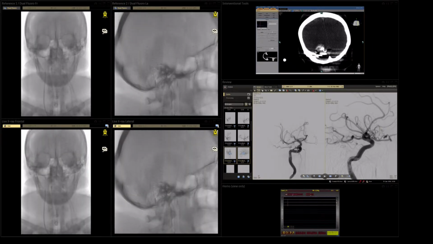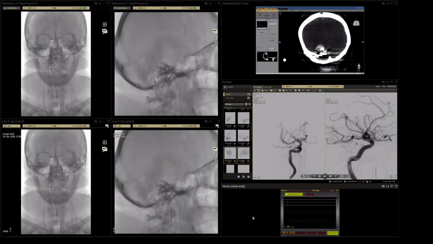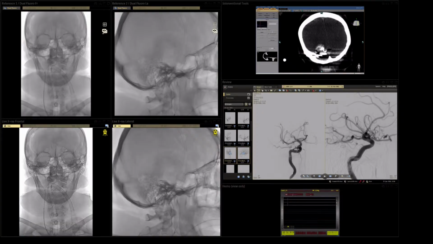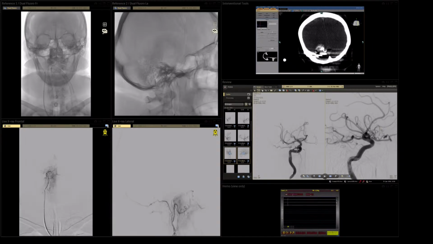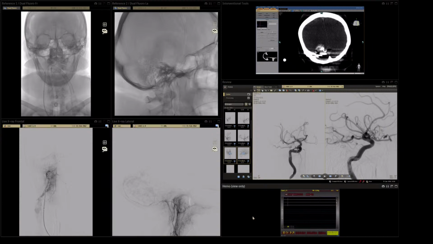Just a second. If it goes there, let's check how the ascending pharyngeal is behaving. Just a second.